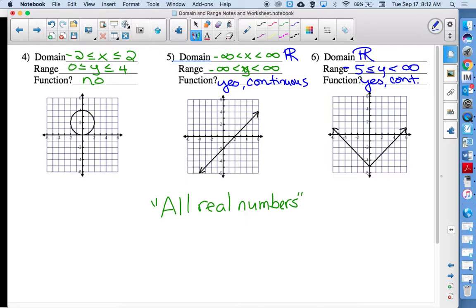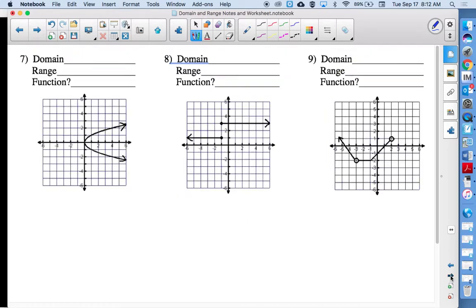So there are 3 other graphs at the bottom. They get a little more interesting, I think, with number 8 and 9.